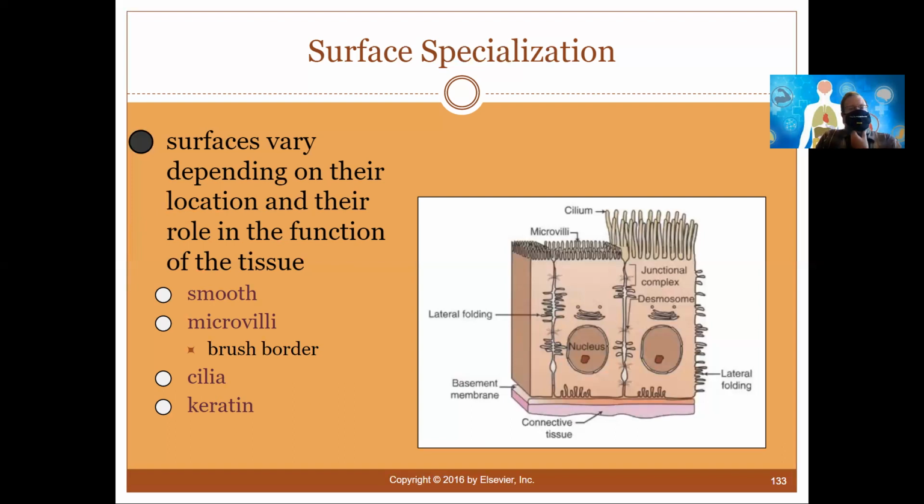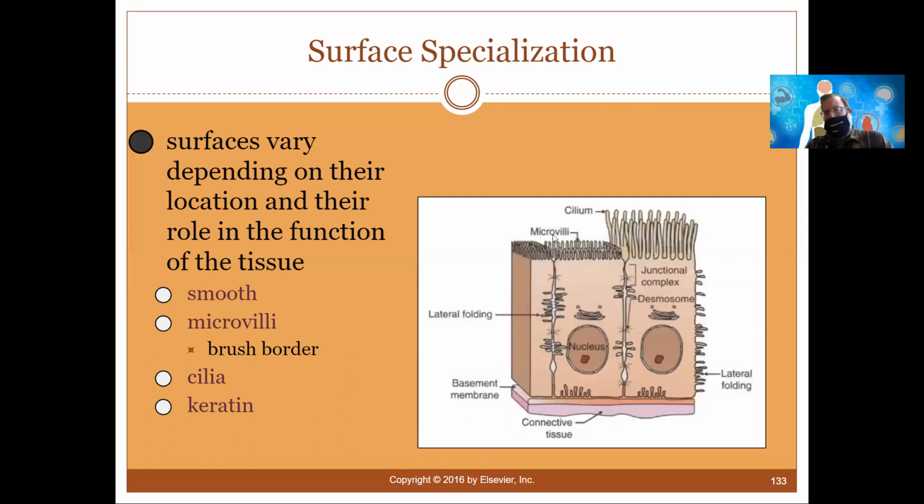All right, stratified squamous, again, multiple layers of flat cells. This is going to really help with protecting underlying tissue. Areas that we find a lot of friction, a lot of potential for stressors, where there might be a lot of traffic.